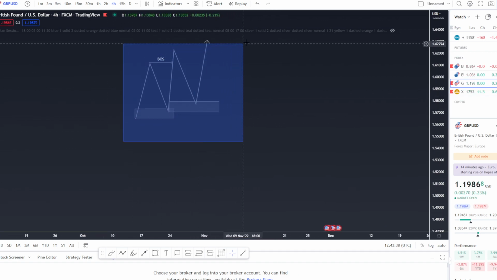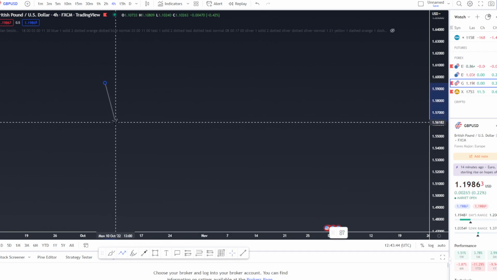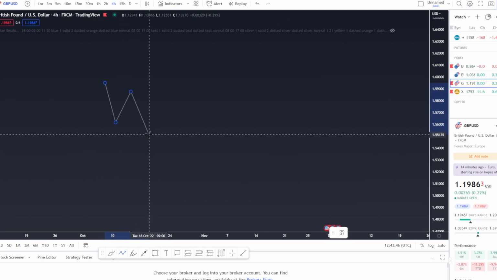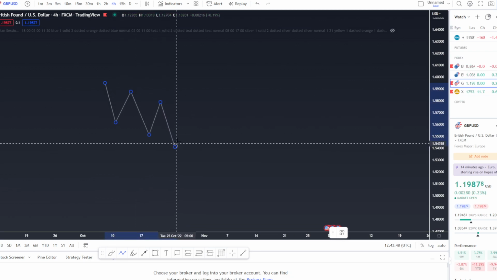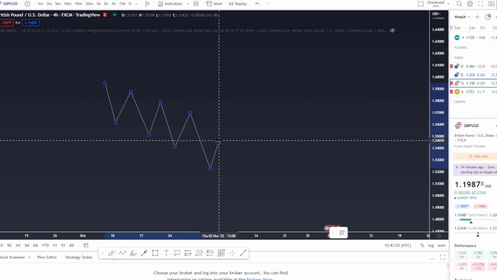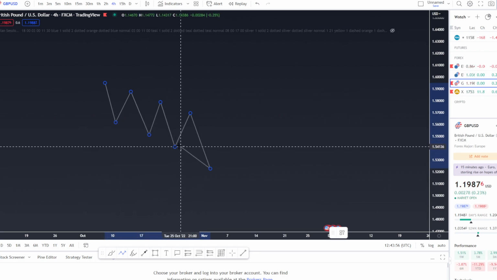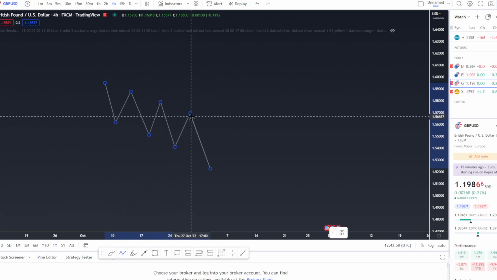And this. So imagine we have bearish structure and bearish order flow. Just like this. Of course, we have our lower lows and our lower highs.